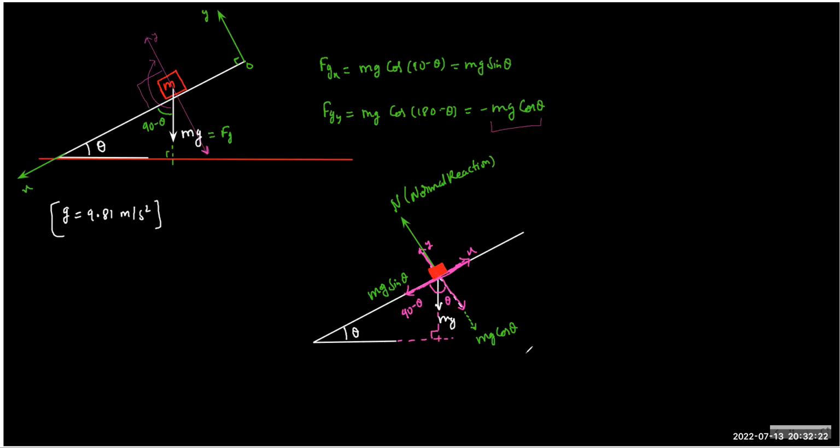Is this part clear, guys? Yes or no? Yes, sir. So in the concept of equilibrium, in which direction is there no motion taking place or not possible? You can say the direction perpendicular to the surface, right? In this direction, is motion possible or not?